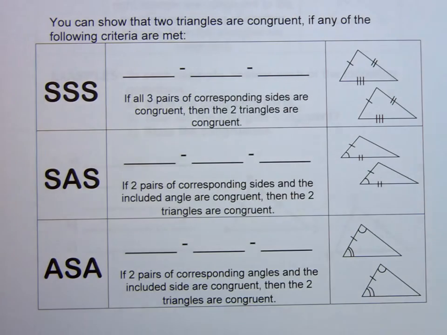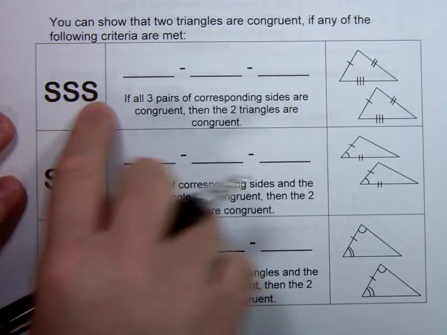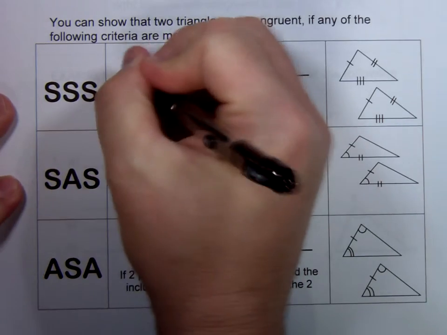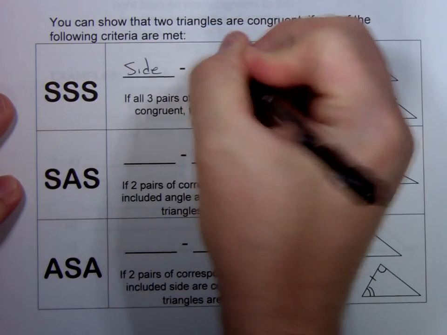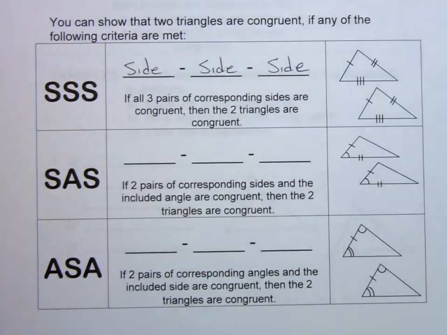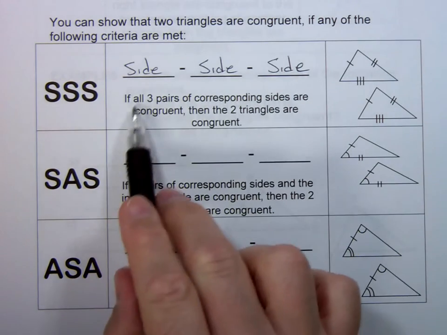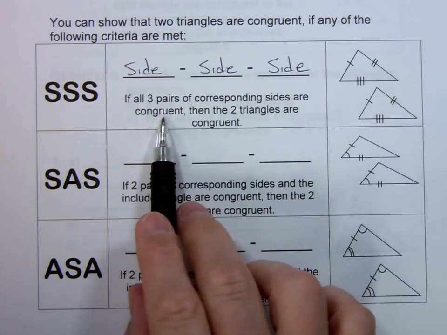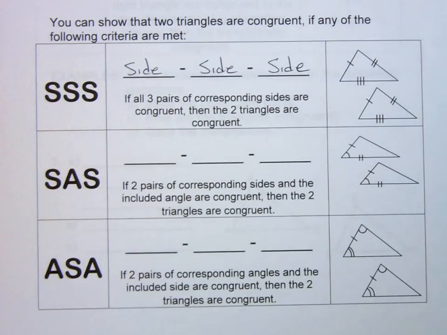Okay? So the first one is abbreviated SSS, and what that means is side, side, side. That means that you found out that all three pairs of corresponding sides are congruent. If all three pairs of corresponding sides are congruent, then the two triangles are congruent.